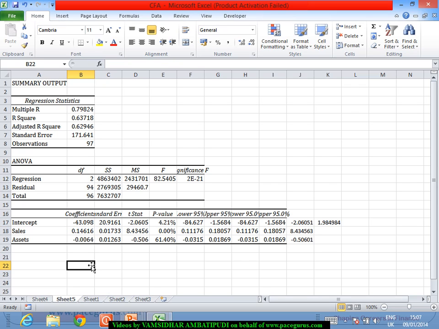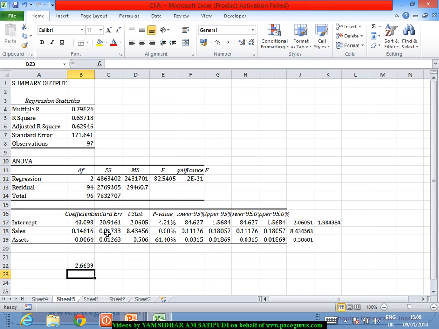In this case the t statistic is nothing but the actual coefficient 0.146 minus the hypothesized value, divided by the standard error. The hypothesized value is 0.1, and dividing by the standard error, I am getting 2.66.